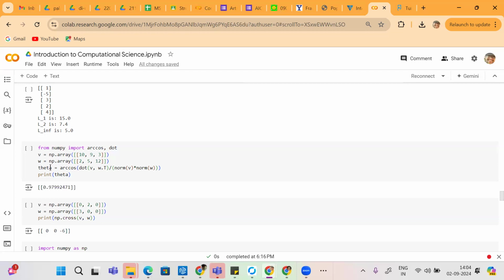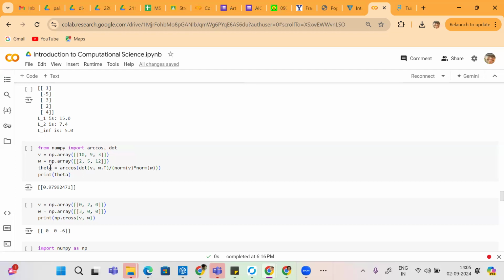Okay. The dot product of two vectors v and w can be written as the magnitude of v, magnitude of w, cos theta, the angle between the vectors.